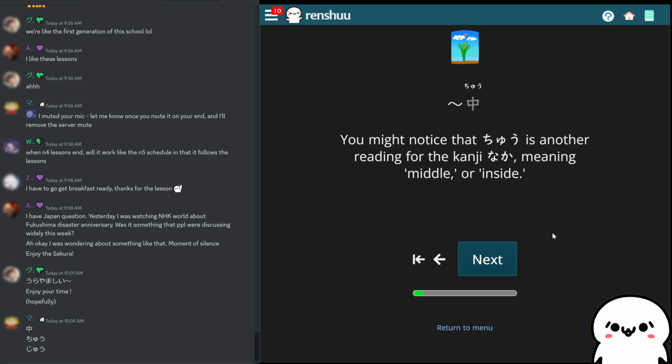Now, as you probably know, this kanji is also read as naka, and it means inside or middle, and that meaning directly applies to the two ways in which we use it. Specifically, we use it to describe something going on during something else, in the middle of something else, inside of something else.